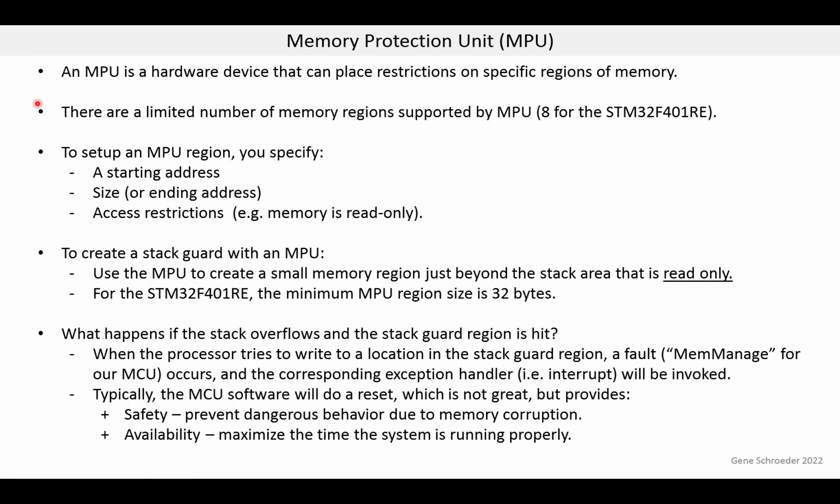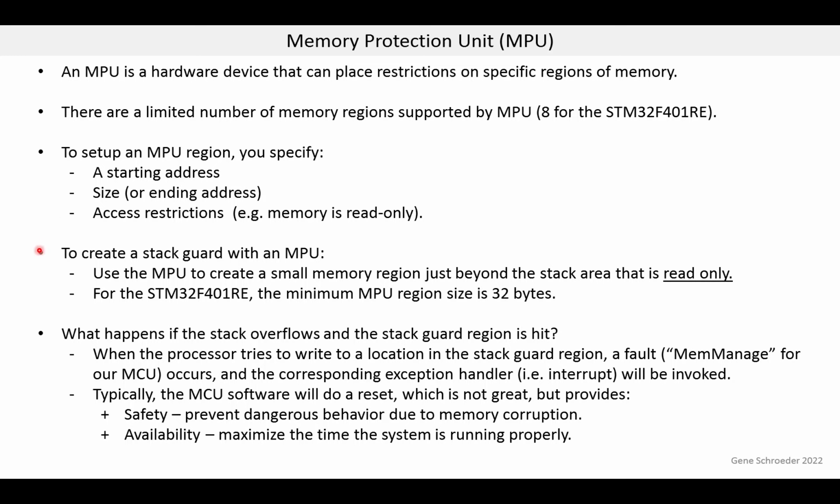There are a limited number of memory regions supported by an MPU, and there are 8 in the case of this MCU, which is the one we're using. To set up an MPU region, you specify a starting address, a size or ending address, and then the access restrictions, for example, whether the memory is read-only.